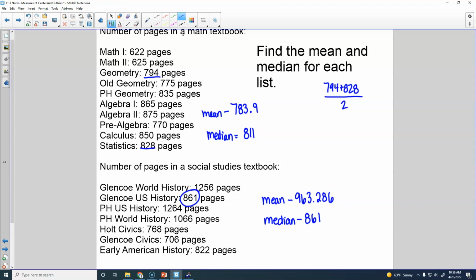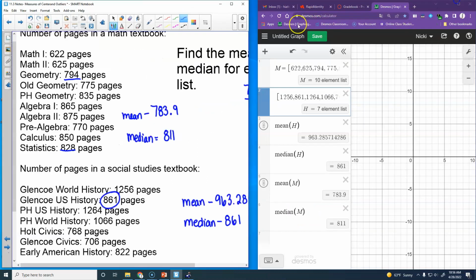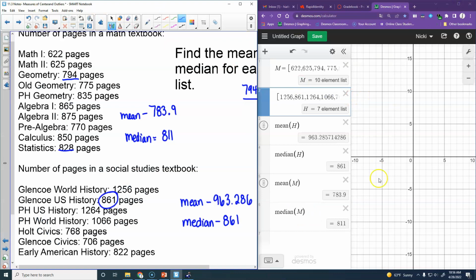Okay, so I'm going to show you guys what I was doing. I was cheating. I was hiding it from you there. It's not really cheating because this will be on Calculator Active, but I do want you to do a couple of these where you're actually calculating them by hand so you understand how to find the average.